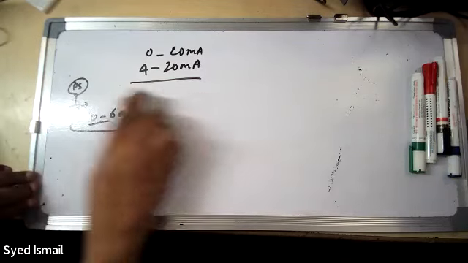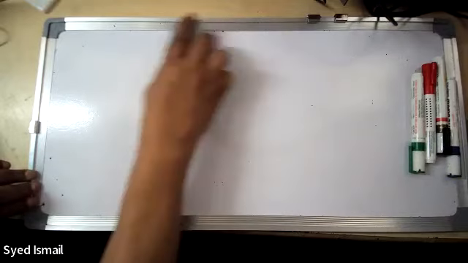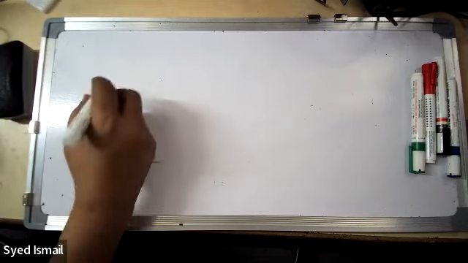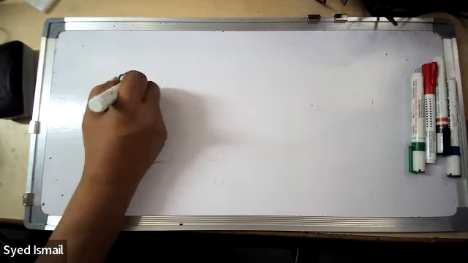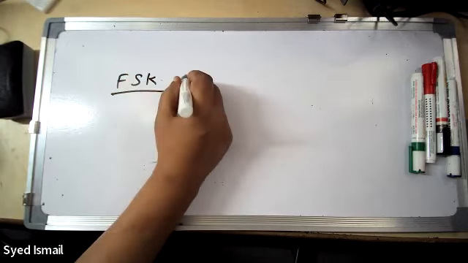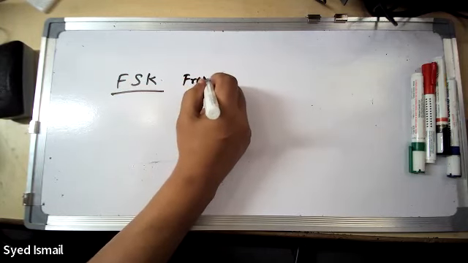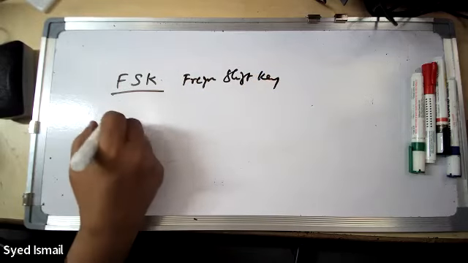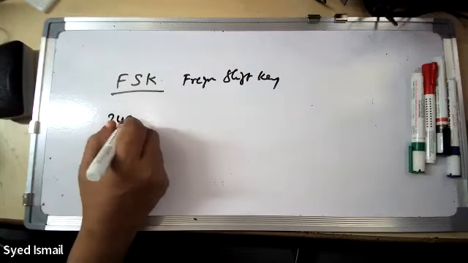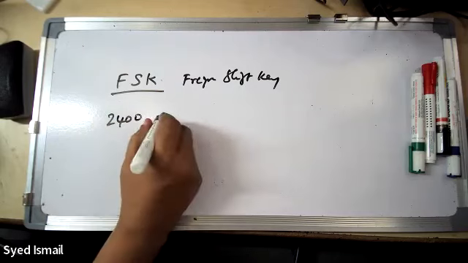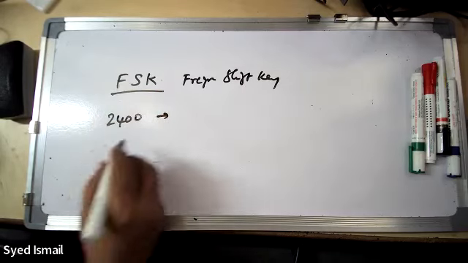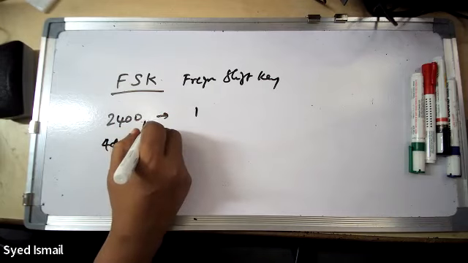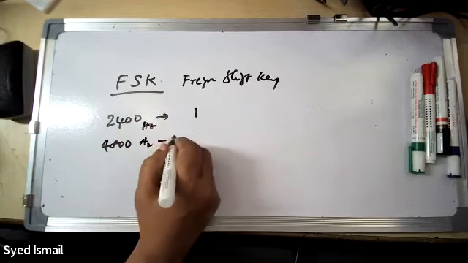Now, in the very old modems, when digital communication started, they also used a frequency. They used to call it FSK, frequency shift keying. What they did was pass a signal of 2400 hertz if it is going to be 1, and 4800 hertz if it is going to be 0.